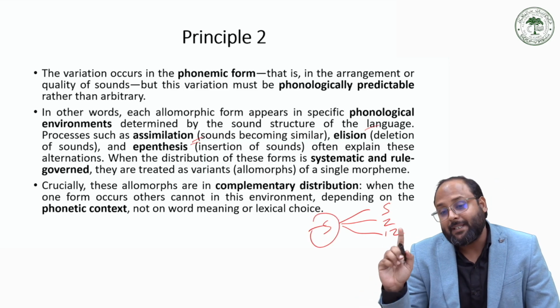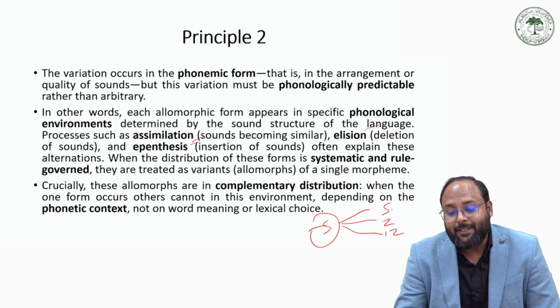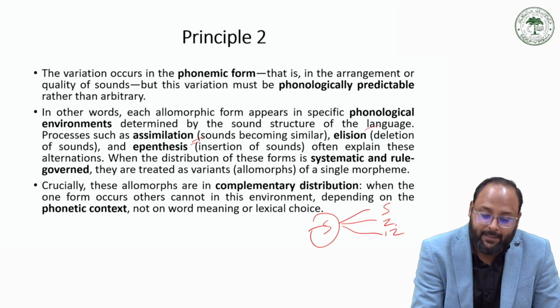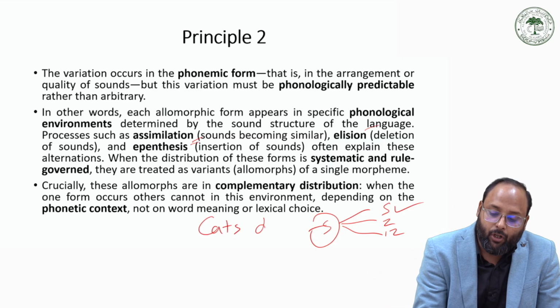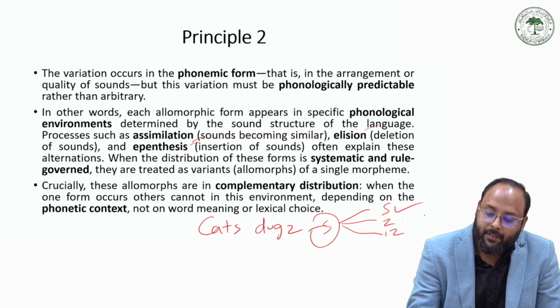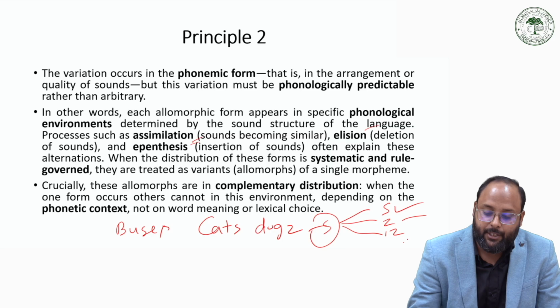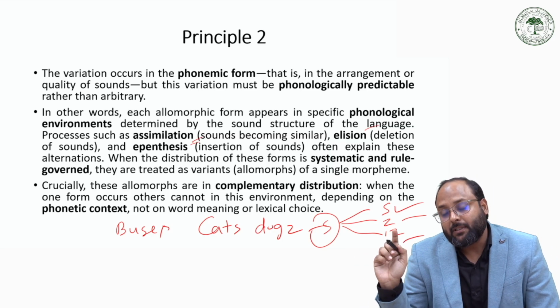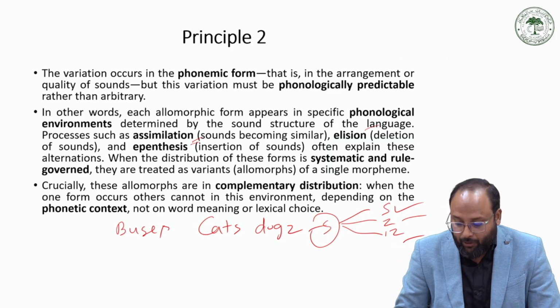The plural morpheme has three different representations: s, z, and iz. The s occurs after a voiceless sound, the z occurs after a voiced sound, and the iz occurs after a sibilant sound. Like in cats, we have s. In dogs, we have z. And in buses, we have iz. So these are examples of allomorphs.